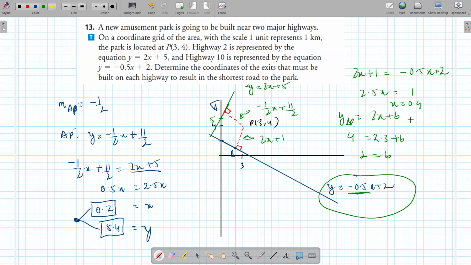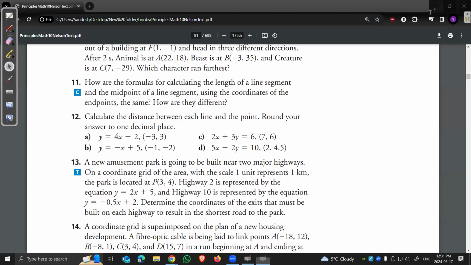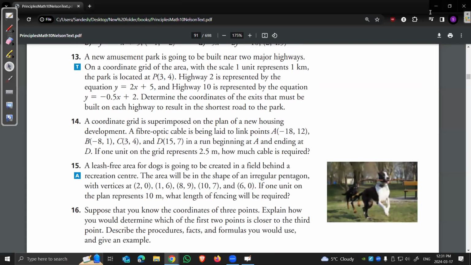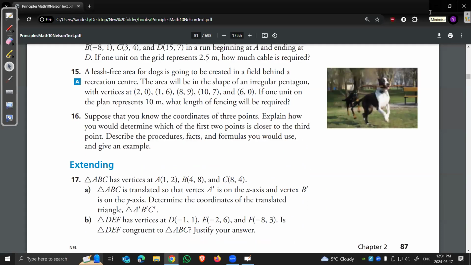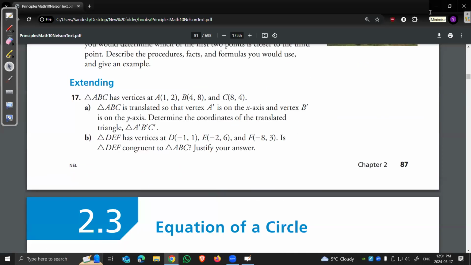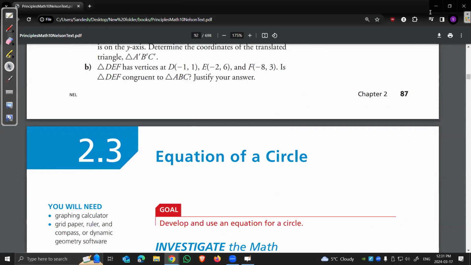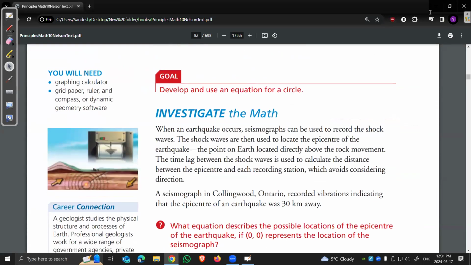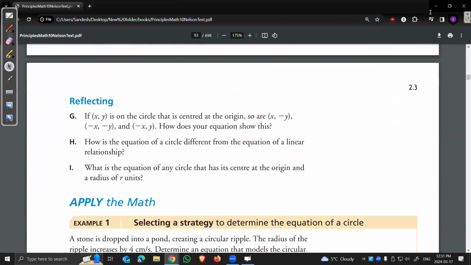And then you can plug that in to get the y value and you're done. Not that difficult. All these are just distance formulas. We don't have to get too much into it. As long as you have a calculator and you know it's x2 minus x1 squared plus y2 minus y1 squared, you are good.